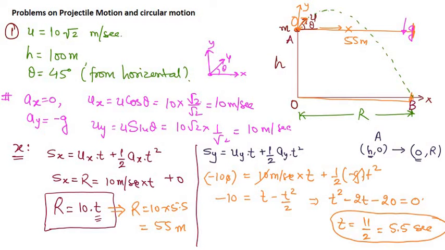Now we will move to something that is related to circular motion and projectile motion. So your next problem is that there is some origin O, and at some angle theta there is a projectile with initial velocity u, and it goes along some curve like this, and this is your x-axis, and let's say this is your y-axis.